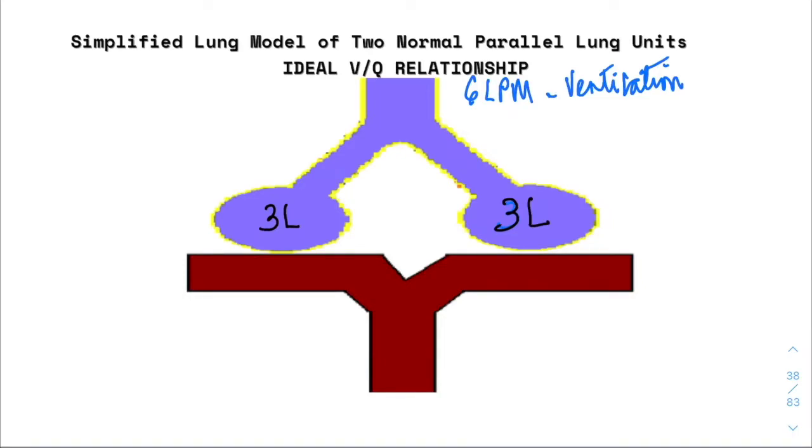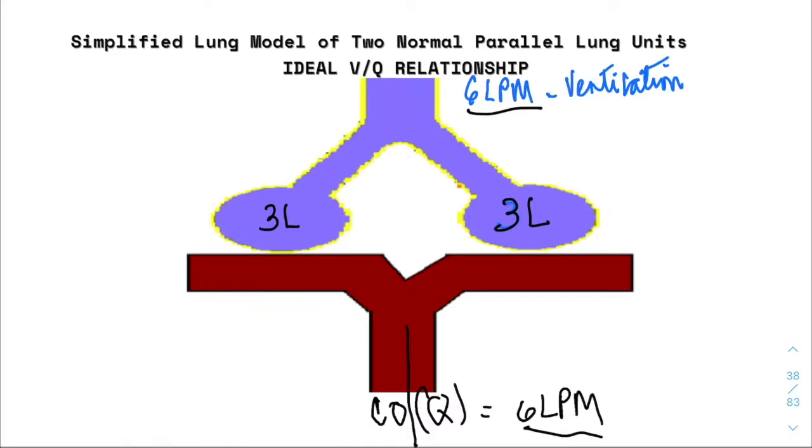How about the perfusion? Your cardiac output, or perfusion, is equal to 6 liters per minute. So we are receiving 6 liters per minute of ventilation and also 6 liters per minute of perfusion. The pulmonary artery will distribute this 6 liters of blood: 3 liters will go to the right, 3 liters will go to the left.